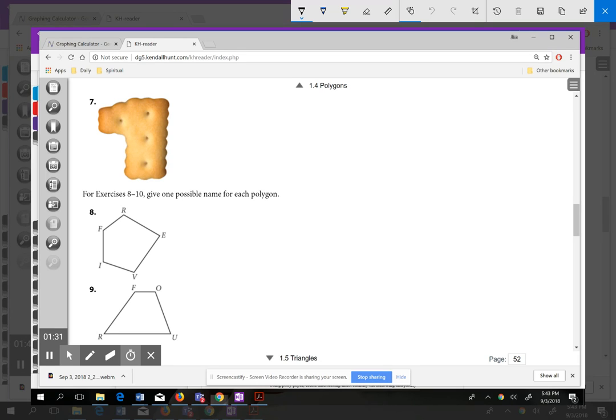Oh, I see. Actually 7 sides, because this is like 1, and then 2, and then 3, and then 4, and then 5, and then 6, and then 7. So that's 1, 2, 3, 4, 5, 6, and 7. Okay, so that's going to be a heptagon. That has 7 sides.